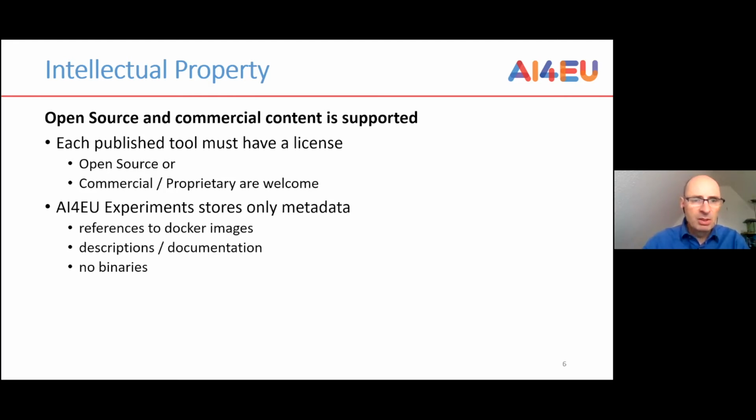We save descriptions and documentation. Of course, the interface definition is necessary: the protobuf file is important and imported into AI for experiments, and we save no binaries. Same for data sets, they are not imported. They are only accessed via data brokers.